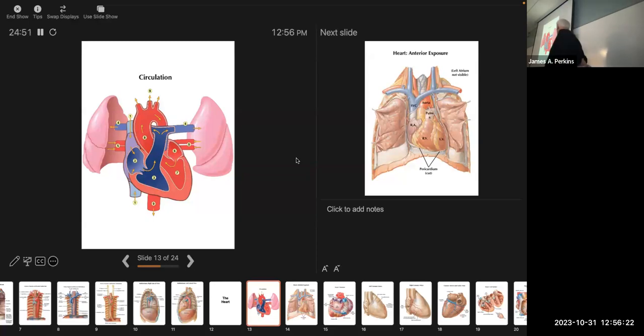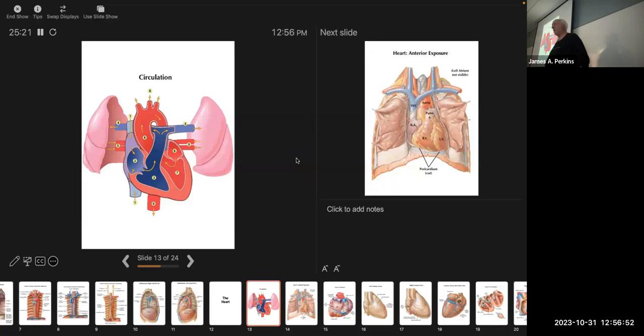So there's a number 1, which is an arrow pointing down through the superior vena cava. There's also a number 1 pointing up through the inferior vena cava in the bottom left corner of the image. So this represents all of the deoxygenated blood from the whole body. All of the deoxygenated blood from the upper part of the body, so the head, the neck, the upper limbs, and the thorax, is all flowing through the superior vena cava into the right atrium of the heart.